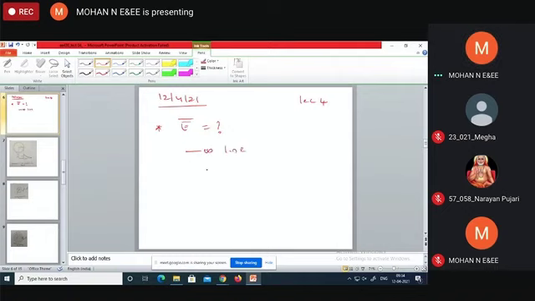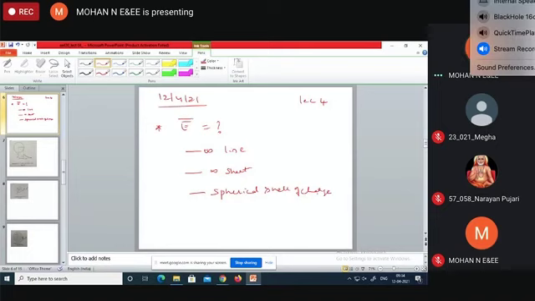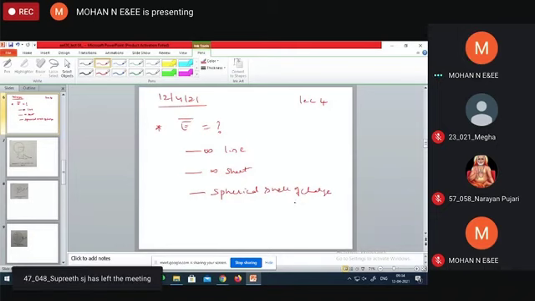Also we have seen the infinite sheet of charge and the spherical shell of charge. This is what we have seen in the last class.